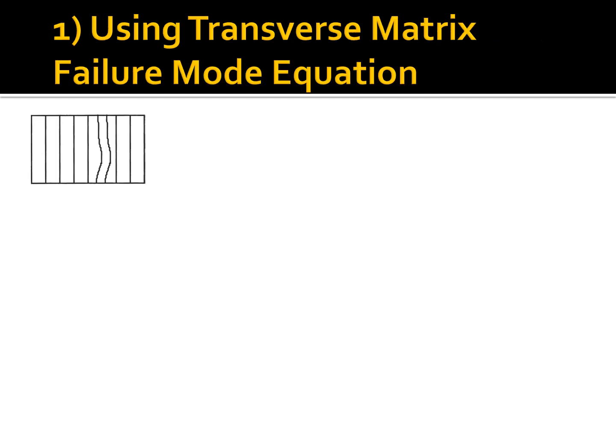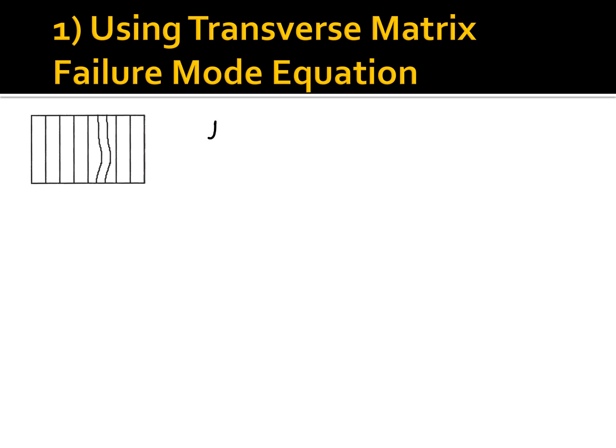There are 4 failure modes for compressive strength. We're going to look at these 4 modes and see which one gives us the minimum value. So let's calculate the longitudinal compressive strength based on each of these 4 criteria.